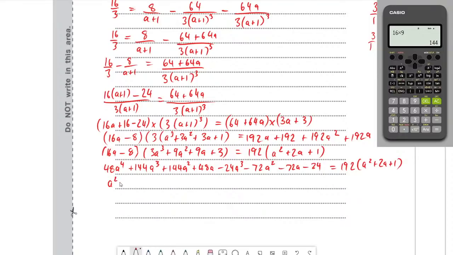If I take 48a squared out, how many times does 48 go into 144? That would be the question. Oh, that's heaps better, actually.